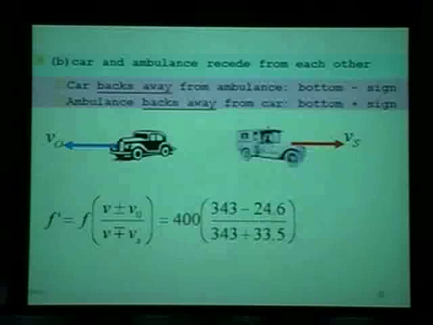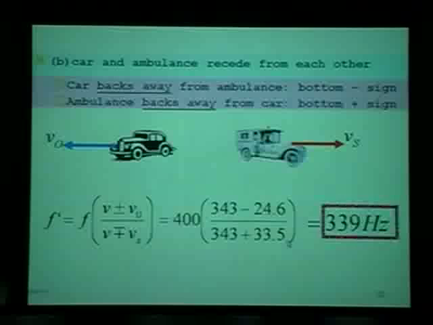So we have 400 hertz, 343, bottom minus sign, 24.6 for the velocity of the observer, 343, bottom plus sign, 33.5 for the velocity of the source. Now you hear 339 hertz.